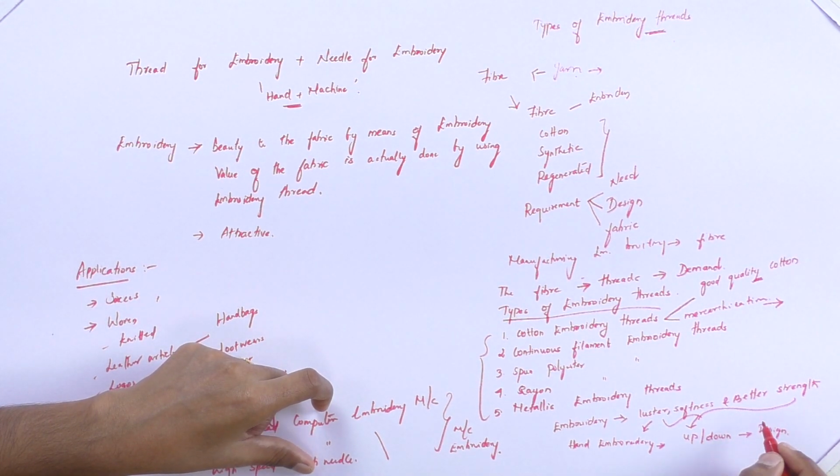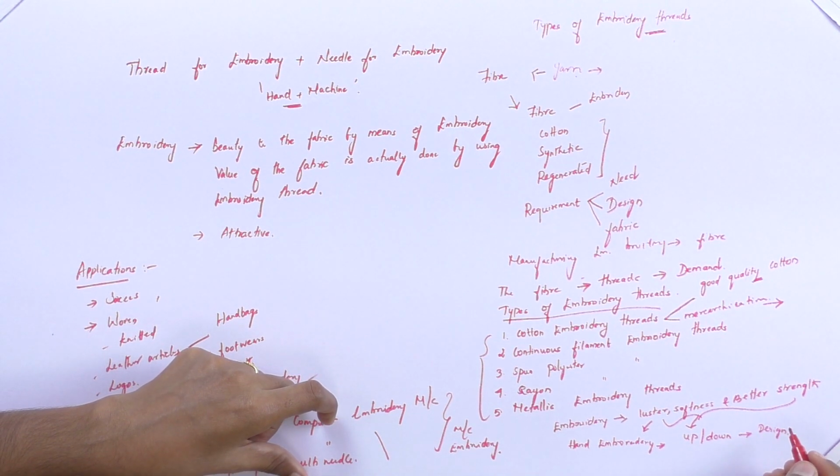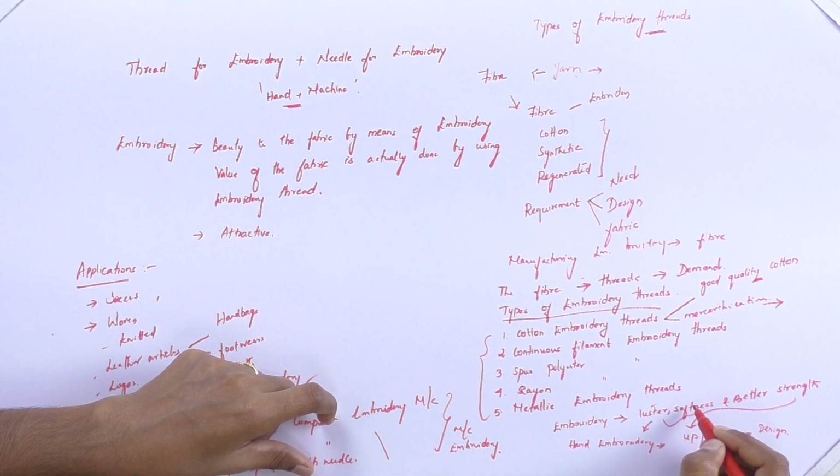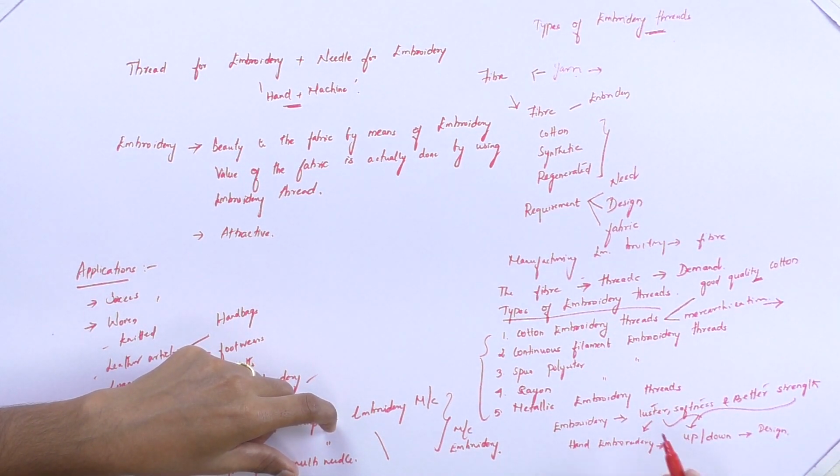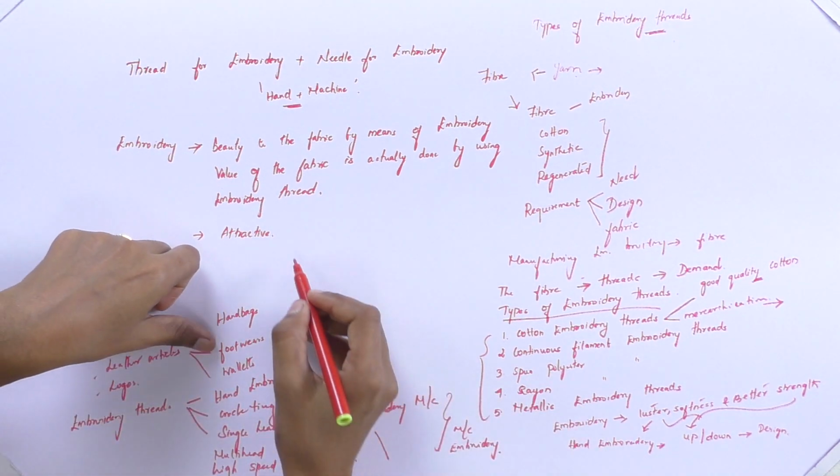And also the strength influences the life of the embroidery design. And when we are going with machine embroideries, while we are feeding the thread in the machine, it should have enough strength for running the machine for doing the embroidery work. That is what we have to concentrate on: luster, softness and better strength for both machine and hand embroidery works.